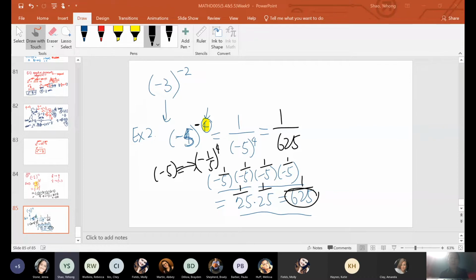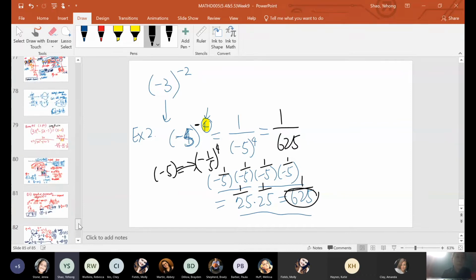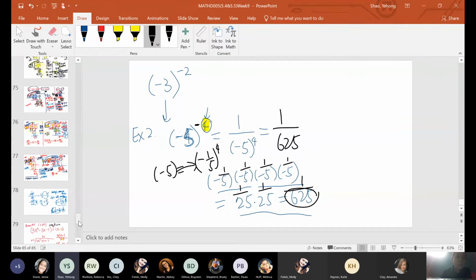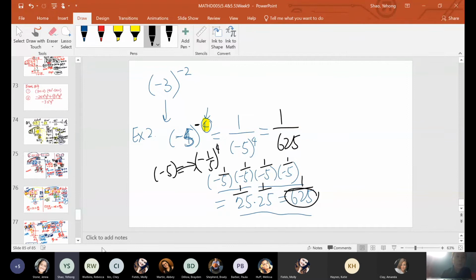The rest of the problems on page 1, we have 6 problems left on page 1. For the rest of them, you are going to use the formulas we learned previously. So first, I'm going to ask you to review these 5 formulas.